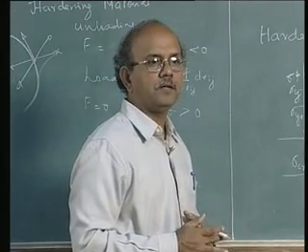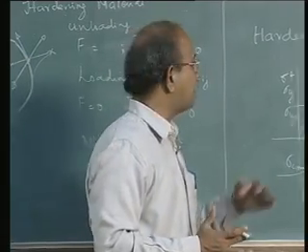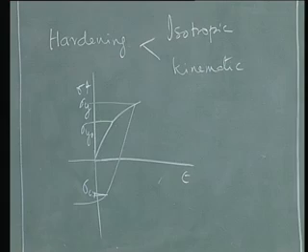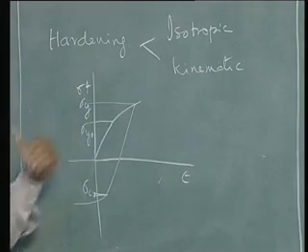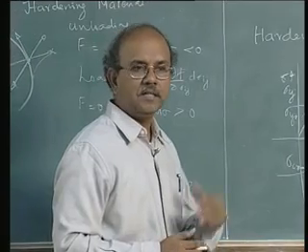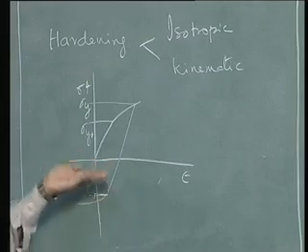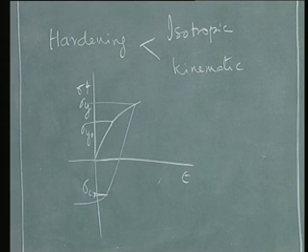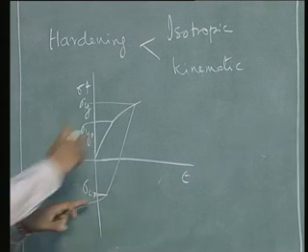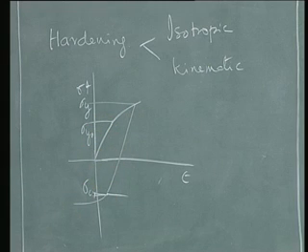But unfortunately many of the materials do not behave in an isotropic fashion when you load and unload them. It would so happen that the yield strength of the material keeps shifting upwards, in such a fashion that the total length between this and this happens to be 2 times sigma y0, many of the times.